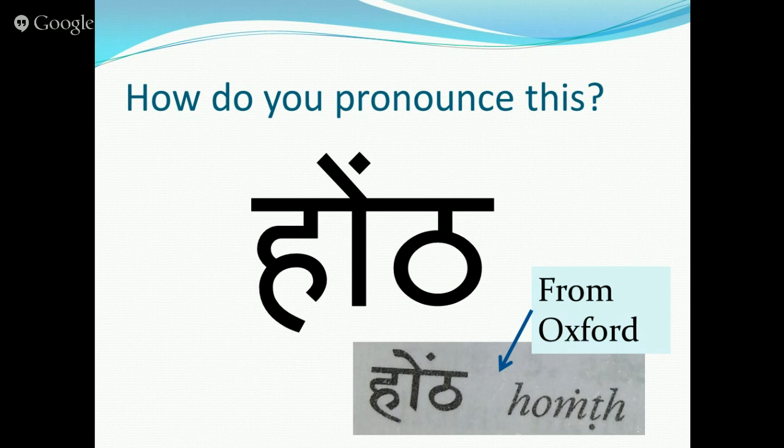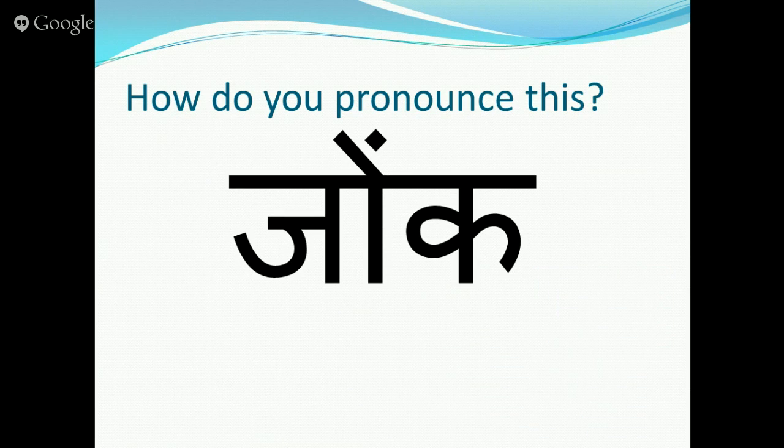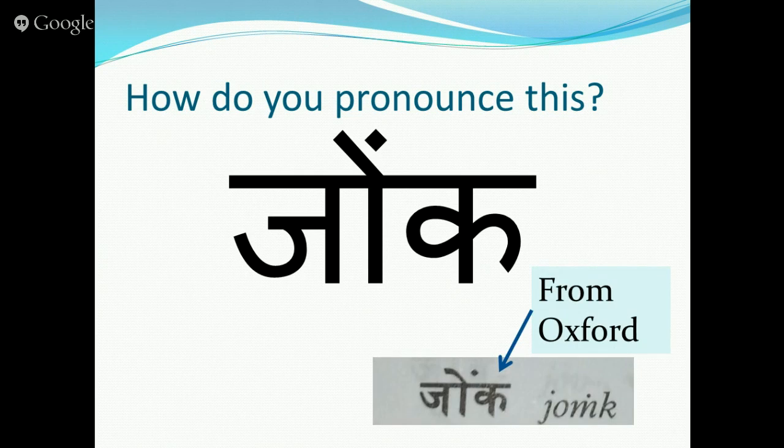There is a vibration in the nose when we say O for the duration of O. Hont, hont. And that is how it is pronounced correctly. How do we pronounce this? I'm not tricking you anymore. So at this point, we take up our dictionary, we look in the dictionary, and what do we see?